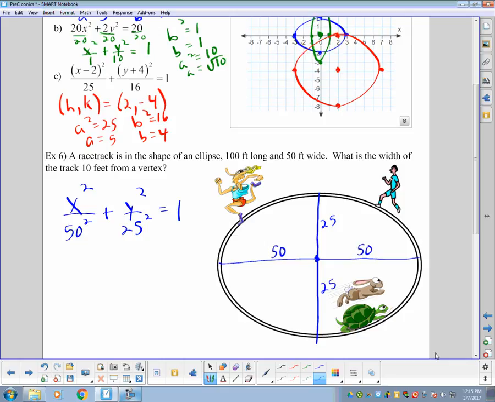Okay, so you see where I came up with the equation? Centered at the origin. We're just using x minus 0 squared plus y minus 0 squared. Go ahead and square the bottom of each term. So it's 25.